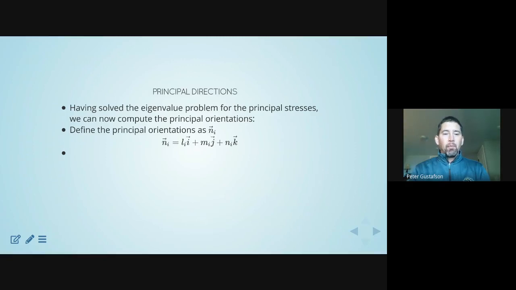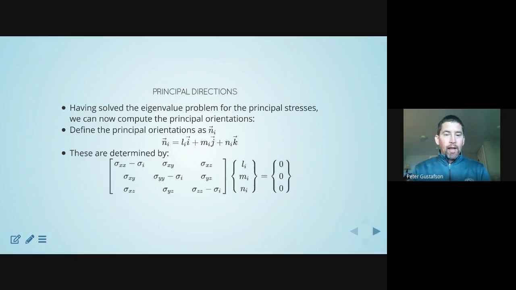And so now I need more normal vectors. So I'm going to use n sub i. Now the subscript i is representing whether it's principal stress 1, principal stress 2, or principal stress 3. And they're now determined from this set of equations. So sigma x minus sigma i, and the remainder of the modified stress tensor, ultimately dotted with li, mi, ni, is going to be equal to 0, 0, 0.